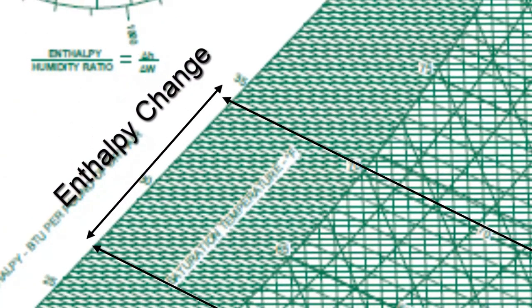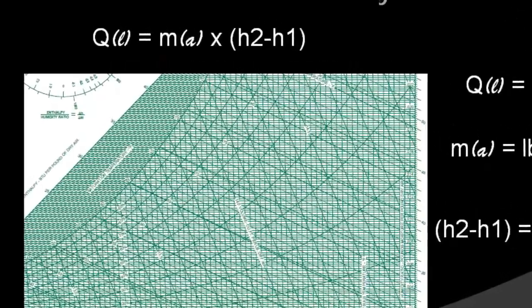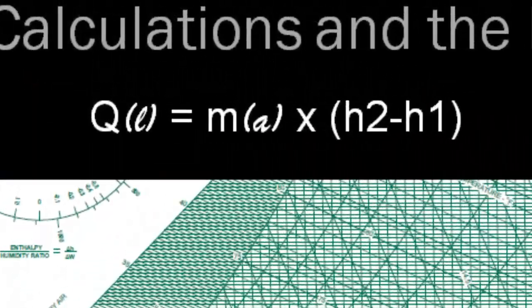The rate of heat removal can be expressed using the enthalpy equation, and as shown, Q sub L is equal to the mass flow rate of the air times the change in enthalpy, which is represented as H2 minus H1.